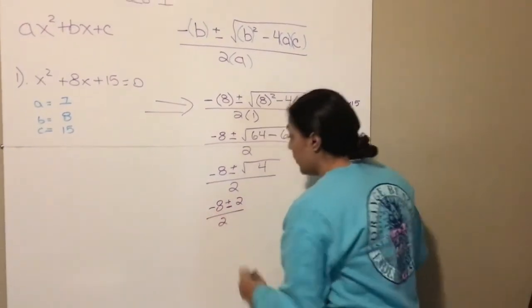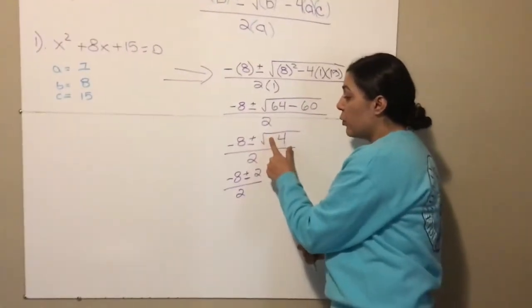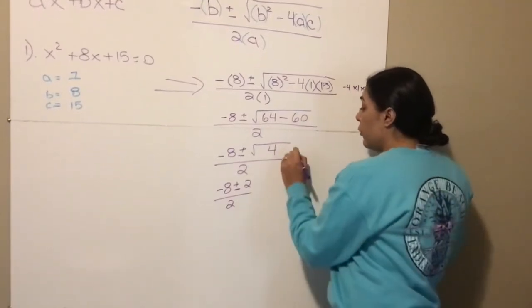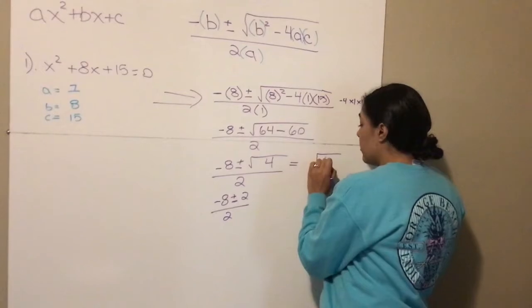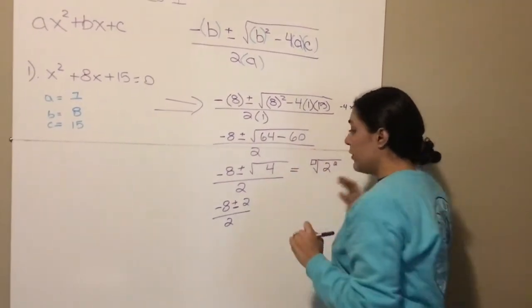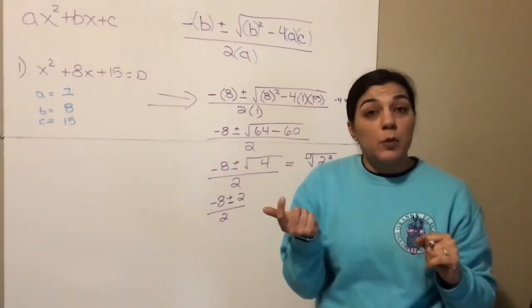Now, here's where some of you are going to screw it up. I took a square root, and really a square root means you could rewrite 4 as 2 squared. I know there are mixed thoughts going through your head. Some people are going to say 1, some people are going to say 2.